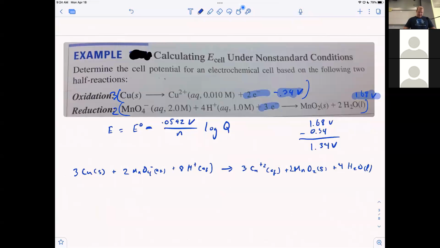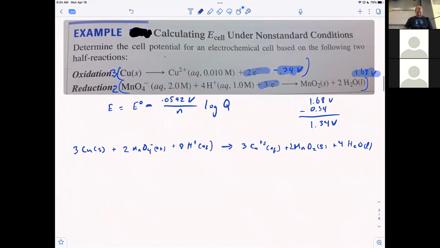Okay, I'm writing this explicitly because what is Q?